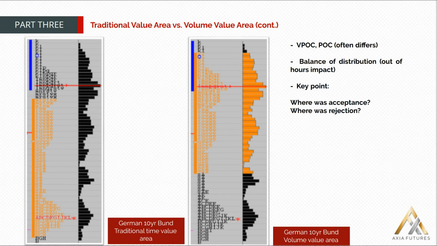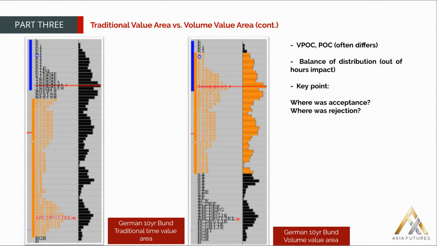It's quite obvious that in the left profile, the value area tends to be towards the lower end of the distribution on the day. The reason for that is the market spent the first half of the day towards the higher end of prices, but it then sold off after hours.